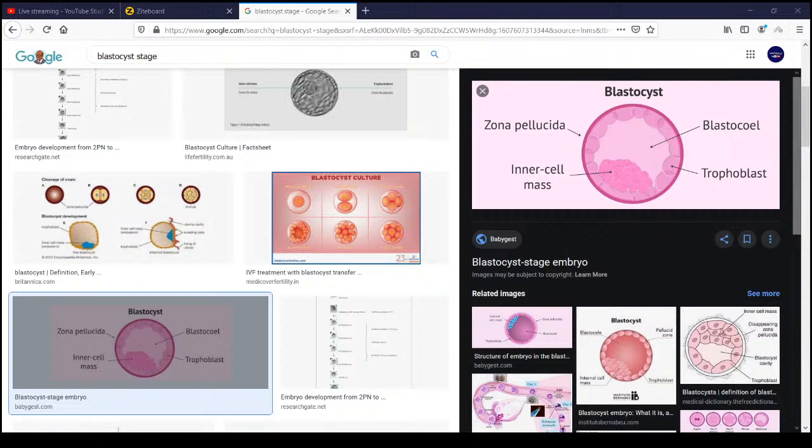Those are all different lineages. First you have the myeloid lineage and the lymphoid progenitor lineage, two completely different cell lineages. They take two different pathways and become two different cells. One is the inner cell mass, one is the trophoblast.